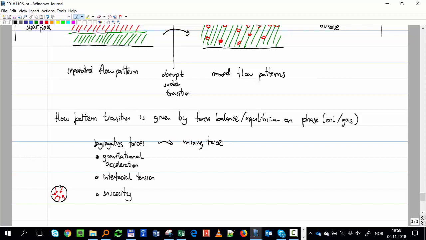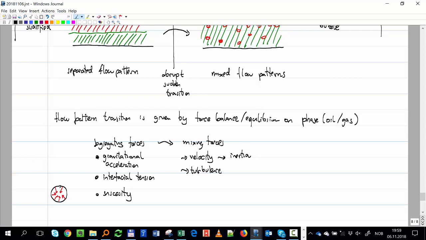Now on mixing, what do we have? Just the velocity, which is actually not a force. How do we call this? Inertia, right? Turbulence, for example, is also another. If I have a lot of turbulence, I induce a lot of mixing.